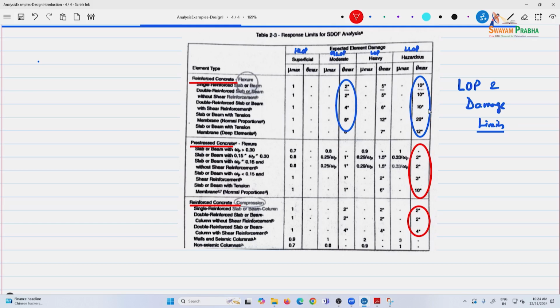So flexure, why is this limit high compared to pre-stressed? What's the big reason why the limits, even a 2-degree provides a very high level of protection, whereas very low level of protection is basically considered beyond that is gone, whereas RC you can go up to 10 degrees and it is considered as failed.